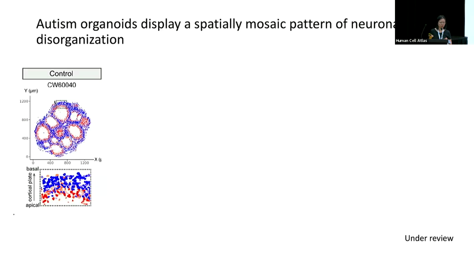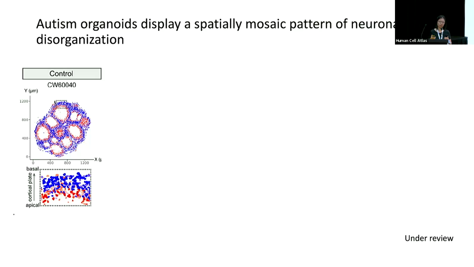Now, if we take a closer look at the neurons, because us and many other labs have identified neurons as a key locus of pathology for autism, you'll see that there are some interesting phenotypes there. First off, what you're looking at here are spatial metagenes obtained using MERFISH.